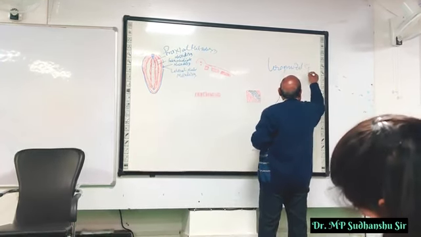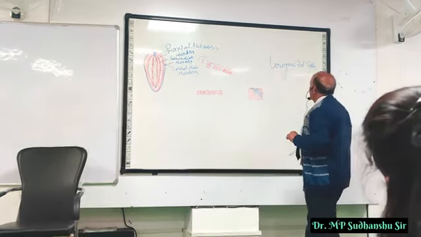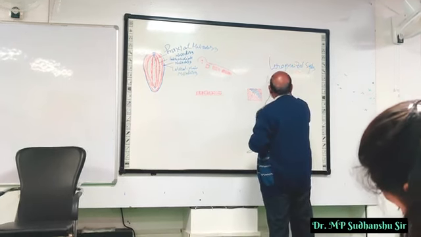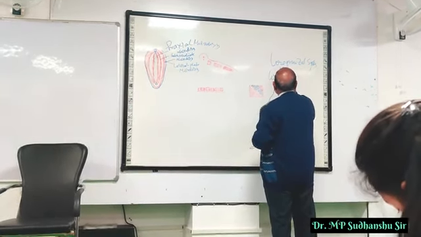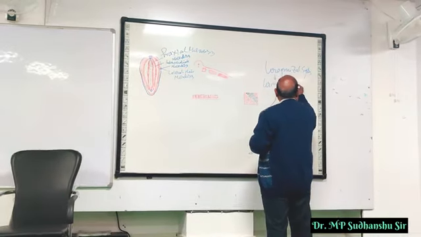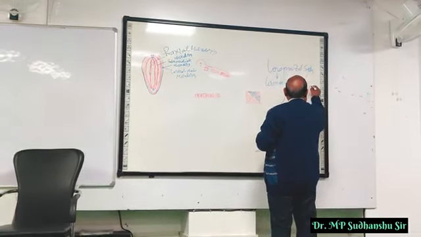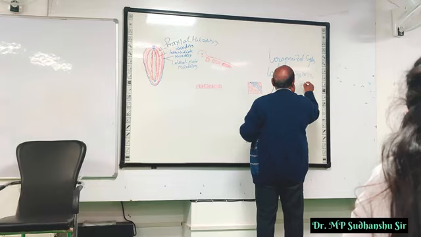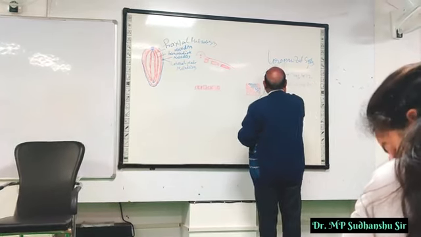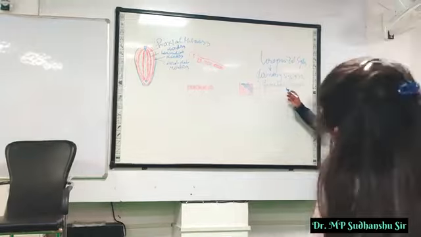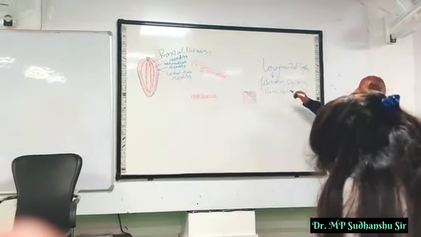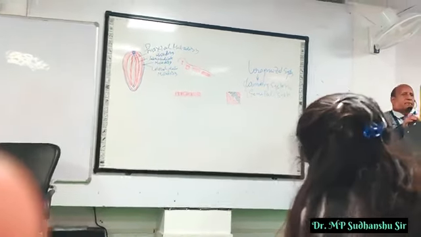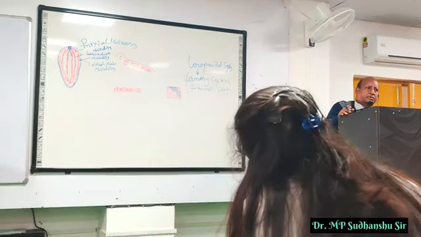Urogenital system means it has two systems: one is the urinary system, and the other is the genital system. These two systems, urinary system and genital system, are collectively known as the urogenital system. So this urogenital system develops from the intermediate mesoderm.